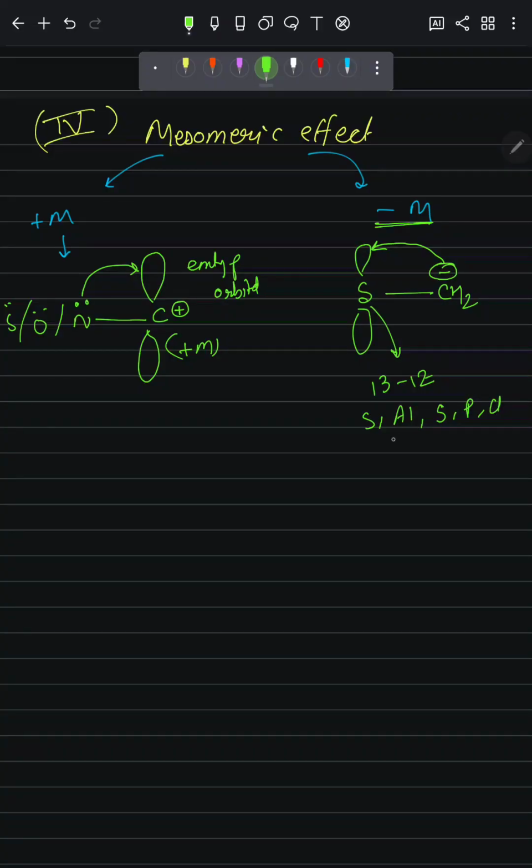So these are called the minus M effect or negative mesomeric effect, or positive mesomeric effect.